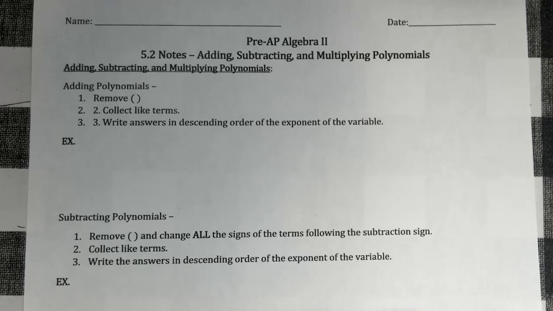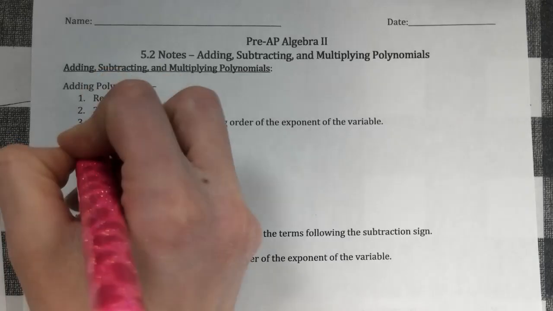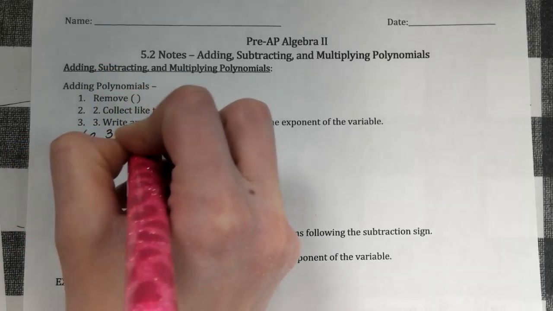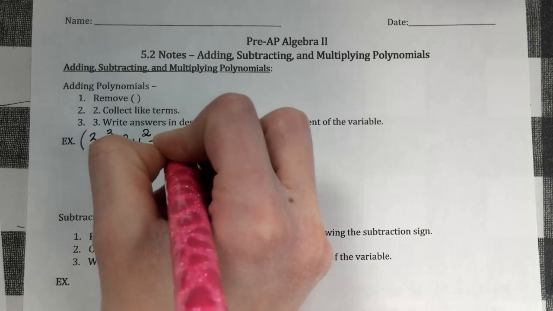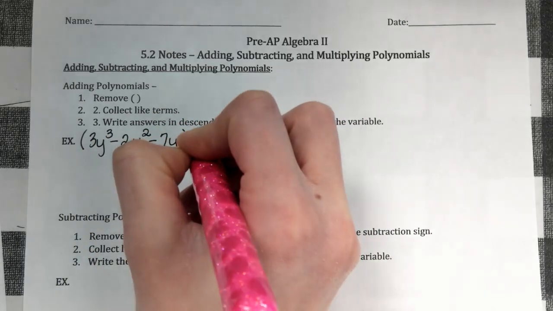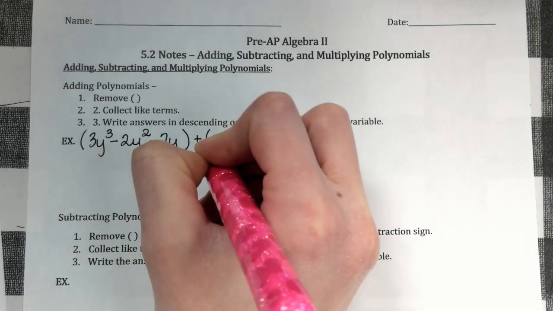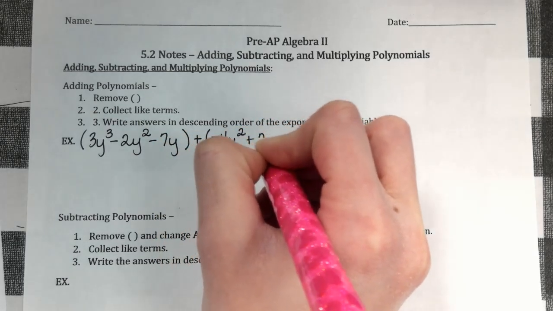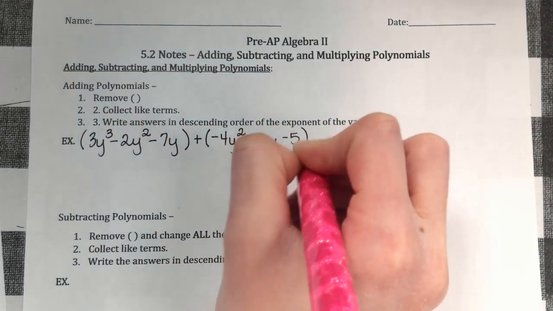If we look at our first example, we've got in parentheses 3y cubed minus 2y squared minus 7y plus, in another set of parentheses, negative 4y squared plus 2y minus 5.